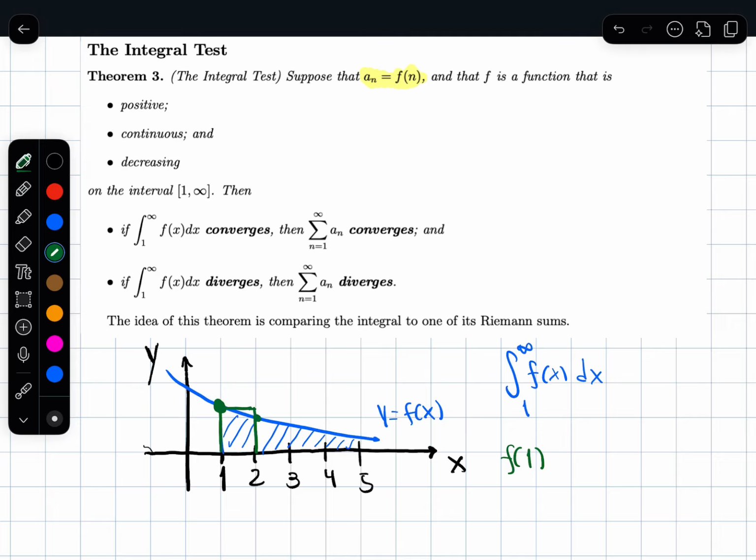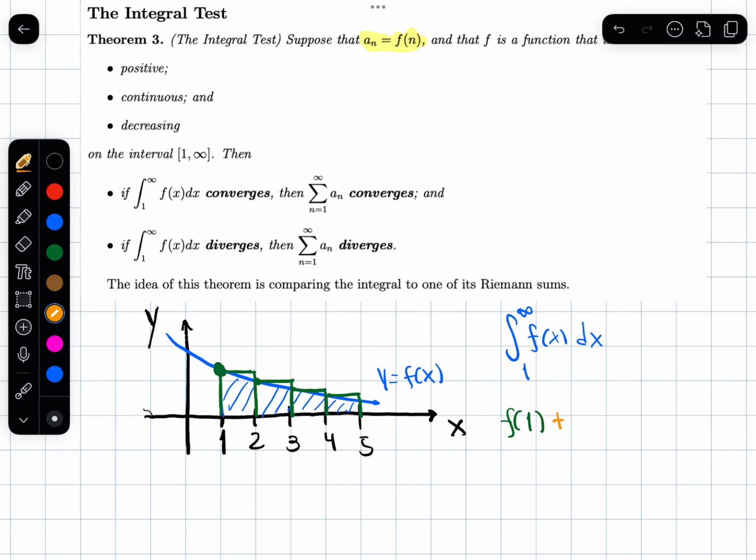F of 2 is the area of this rectangle. F of 3 is the area of this rectangle. So when you add them all together, this gives you a series.